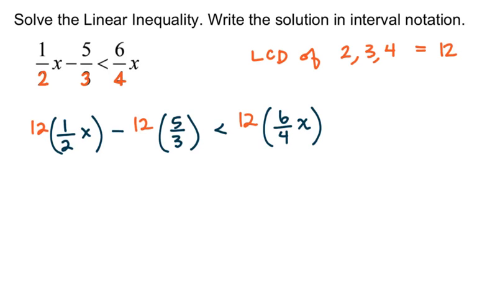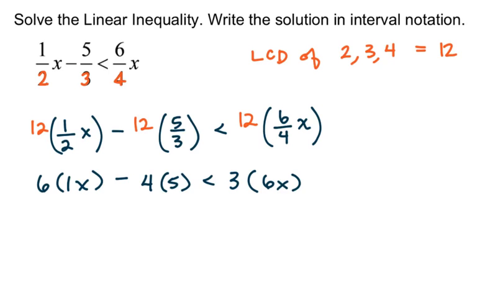This was the smallest number that 2, 3, and 4 all divide into. So 2 goes into 12. That leaves me with 6 times 1x. Minus 3 goes into 12. I have 4 times 5. And then 4 goes into 12. I've got 3 times 6x. So all of these denominators reduce out.